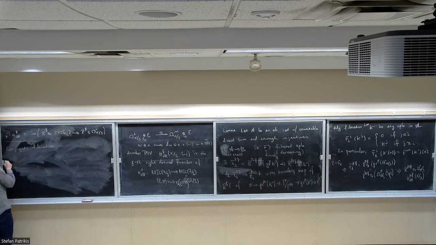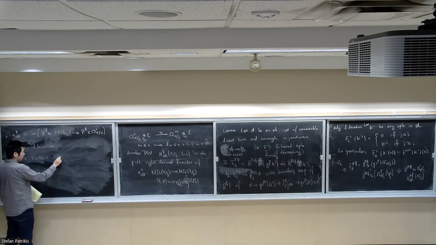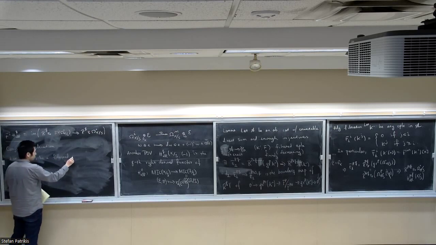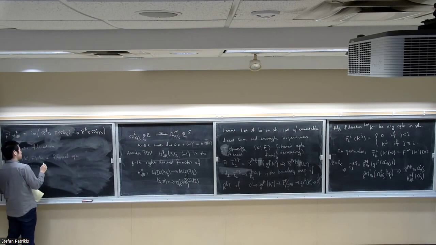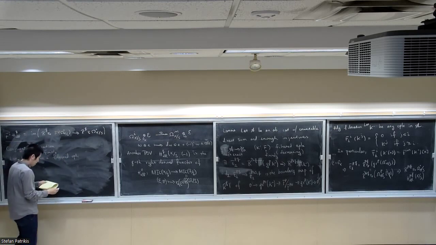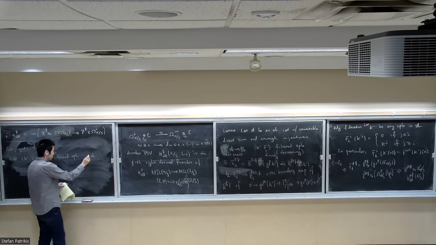Okay, so again, let me state some very general thing. Let K F be a filtered complex. Let me assume that this is finitely filtered again, just to be safe.